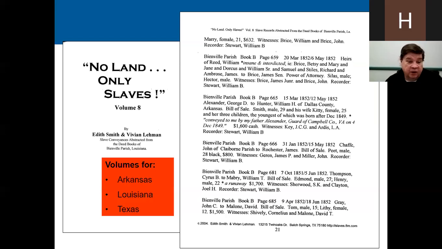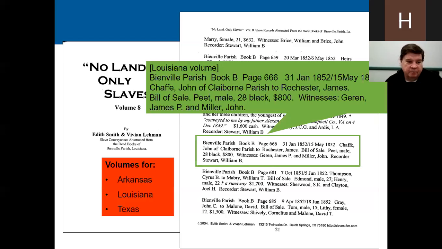So this is what it looks like. Here's an example. This is from Louisiana, Bienville Parish, Book B, page 666. John Chafee of Claiborne Parish, to James Rochester, a bill of sale of a man named Pete for $800.